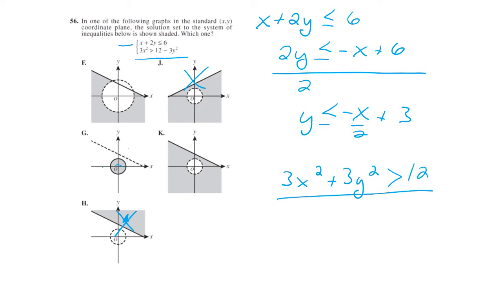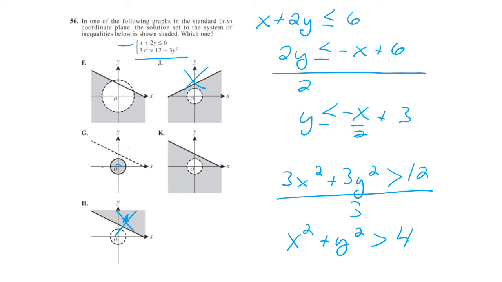Let's get rid of our 3. Let's divide everything by 3. Now we have x squared plus y squared is greater than 4. Okay, so x squared plus y squared is greater than 4. It's going to be greater than the radius, so it's going to be bigger. So it's going to be outside the circle.